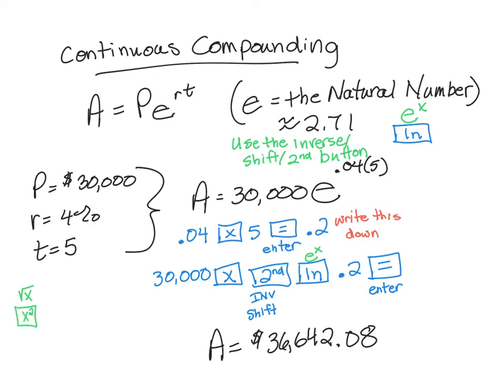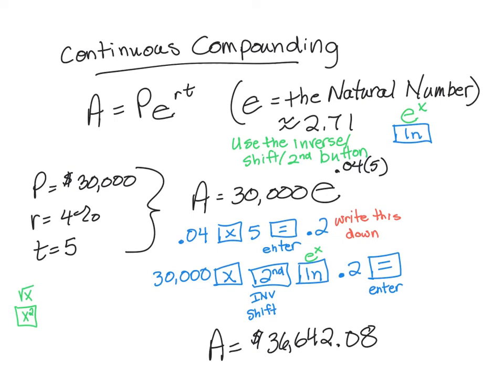So you'll do shift x squared to get square root. Plug that in, and if it just comes up 0, then you have a different kind of calculator from what this is right here, okay?